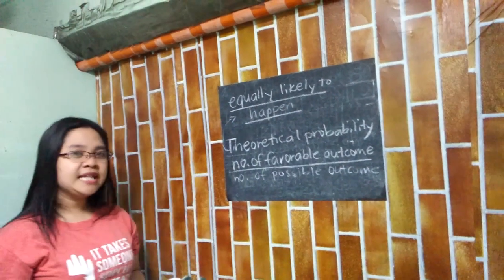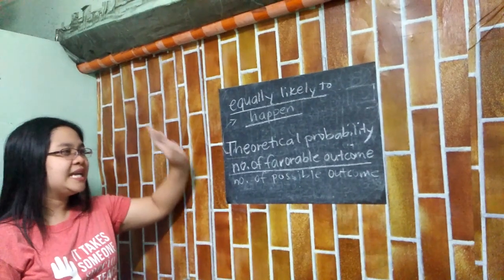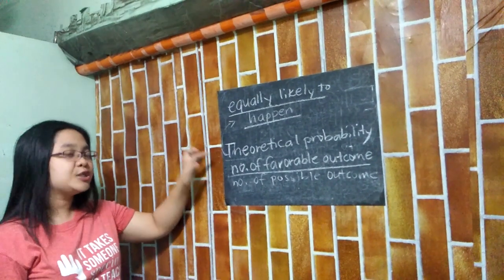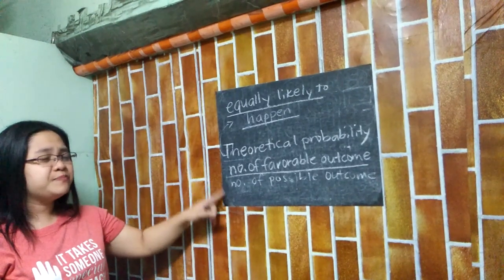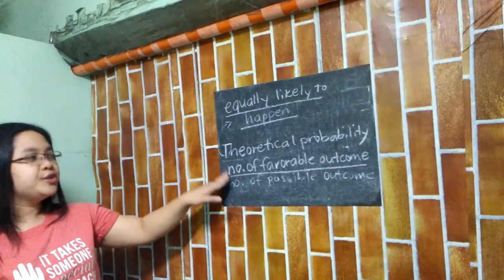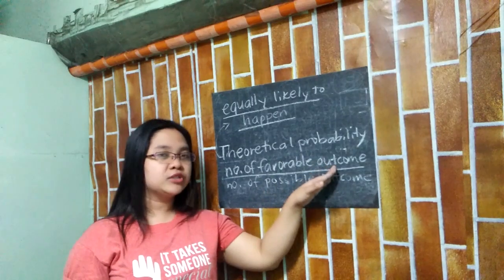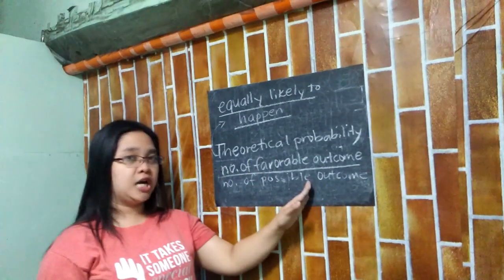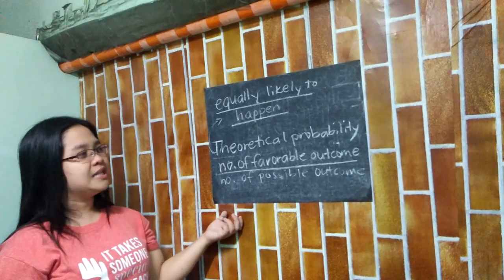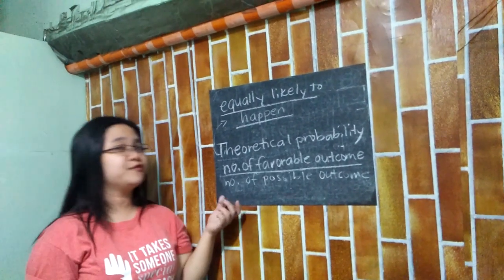So again, in order for us to make it easier to get the theoretical probability of an event, we just simply follow this: number of favorable outcome over the number of possible outcome. The probability is just written in fraction form.